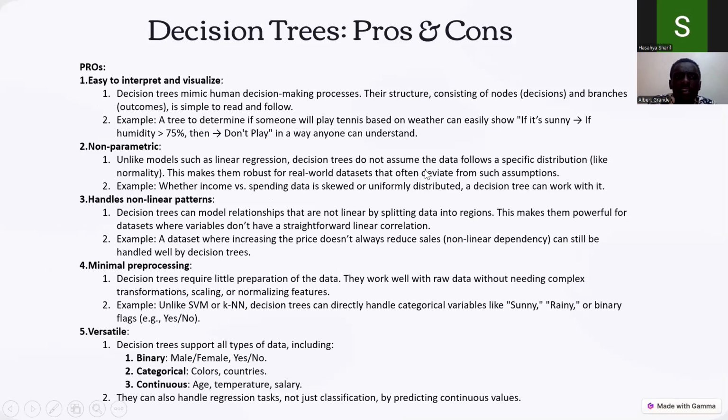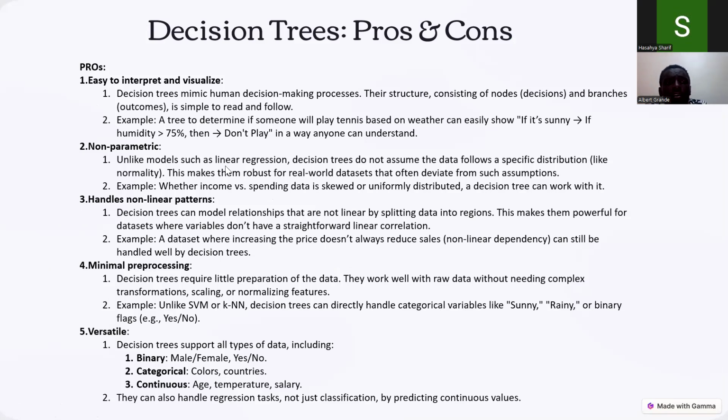For instance, here we have an example determining whether someone will do something based on a given condition. Here we're saying that someone will play tennis depending on the weather. If it is sunny and the humidity level is greater than 75%, then someone will not play. And if it is less, someone will play.